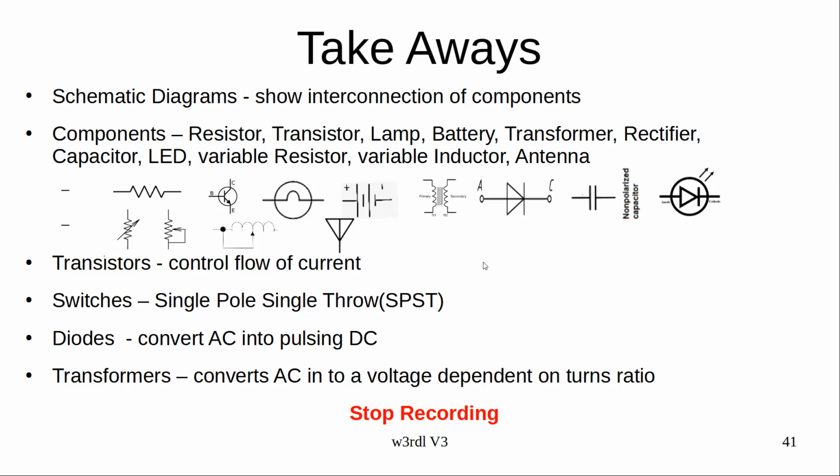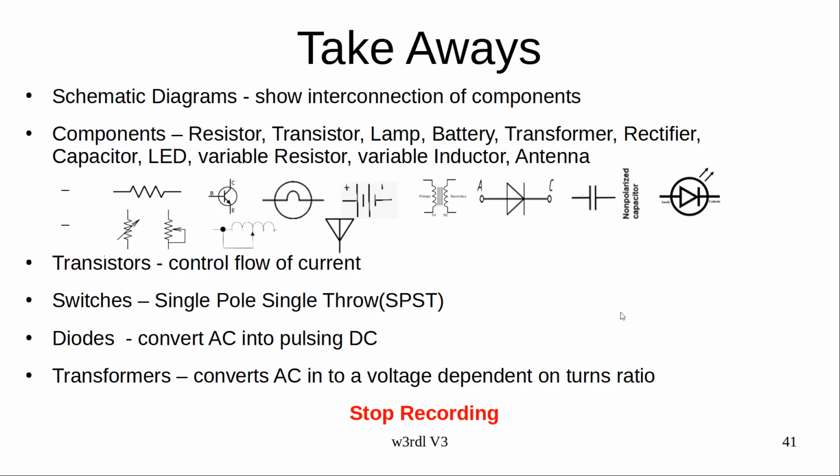Okay, so we learned that schematic diagrams are used to show the interconnection of components using standard symbols. And I tried to list all the standard symbols here. It was hard to find these on the internet. Transistors are used to control the flow of current, either by means of a current or a voltage control signal. Switches, we've only talked about single pole, single throw switches. I think a single pole double throw comes up later.